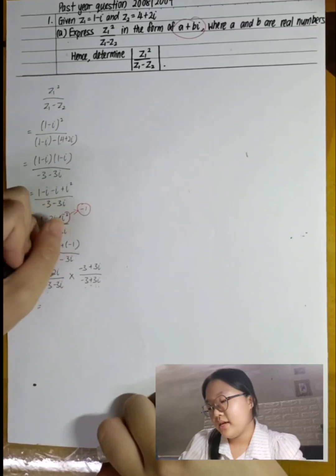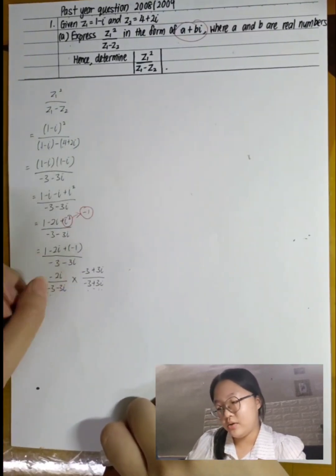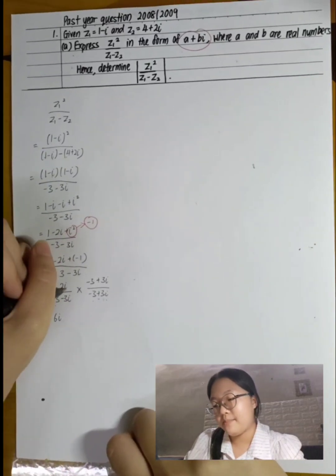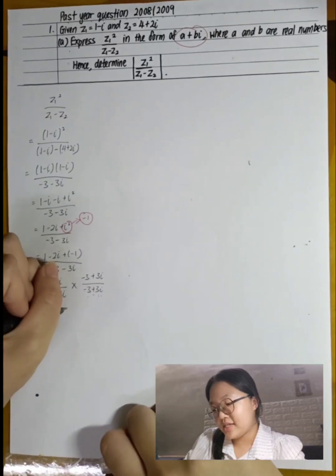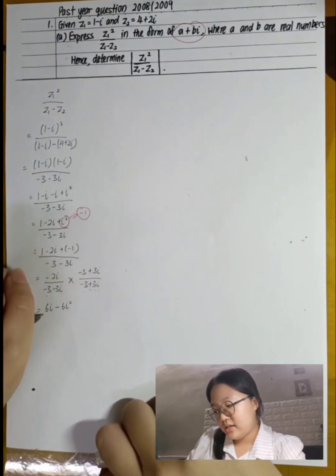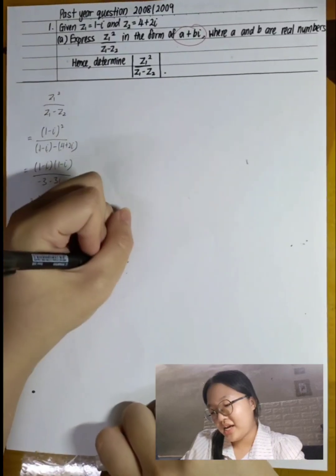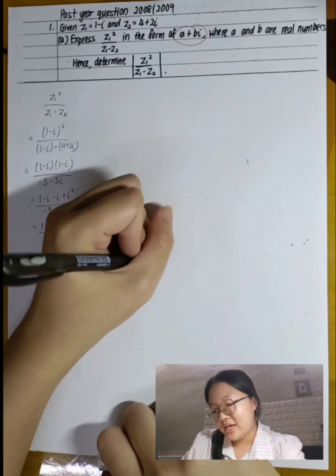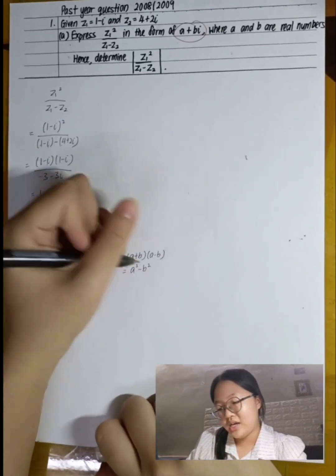Then negative 2i times negative 3 is equals to 6i. Negative 2i times 3i is equals to negative 6i squared. Divided by, this we can actually simplify as (a plus b)(a minus b), which is actually equals to a squared minus b squared.